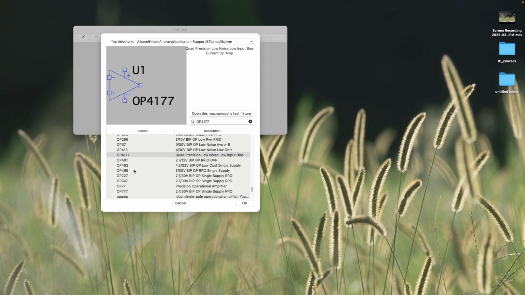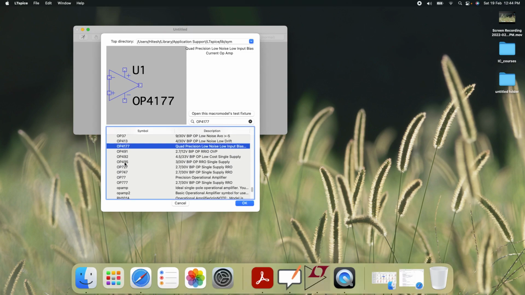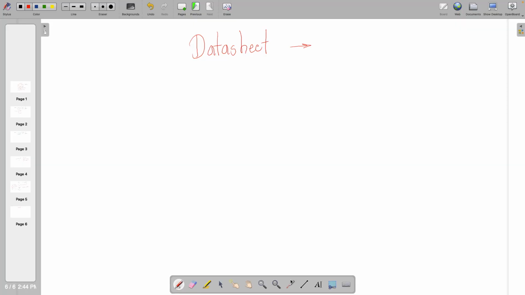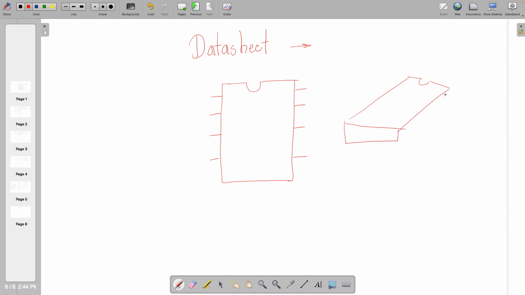These are the same numbers which are available in the market, understand, and those numbers are written on top of your IC. So if you look at the IC, which is like this, I'm just drawing the top view. The isometric view looks like this, by the way.